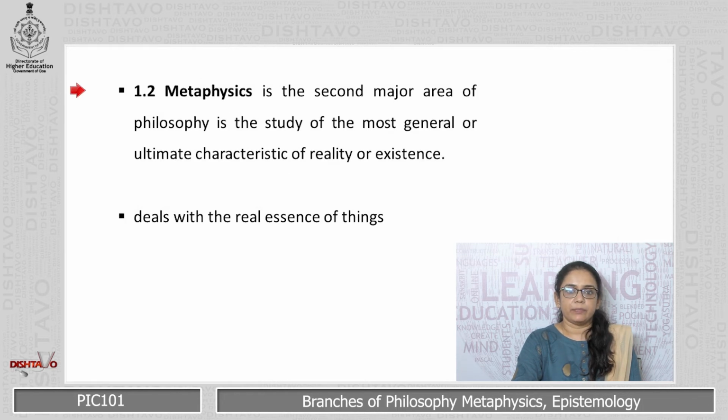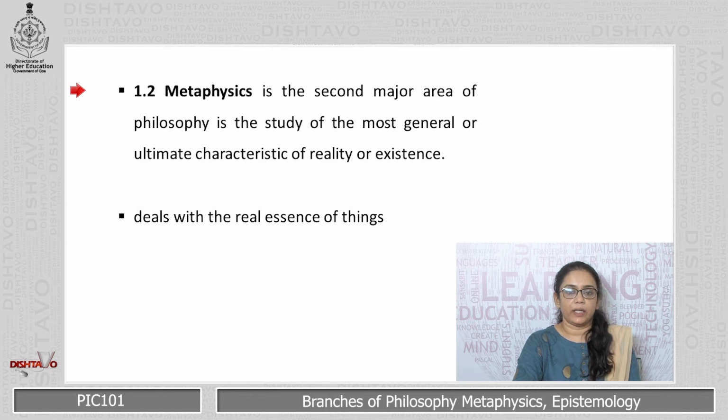We come to the next branch of philosophy, namely metaphysics. This is the second major area of philosophy, the study of the most general or ultimate characteristics of reality or existence. That means this branch focuses on what is man's existence, what is reality. It deals with the real essence of things. What is the essence?